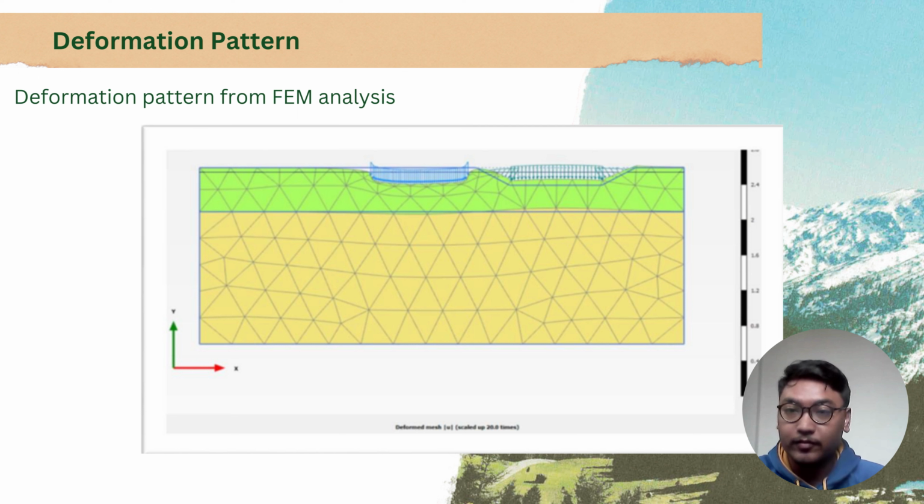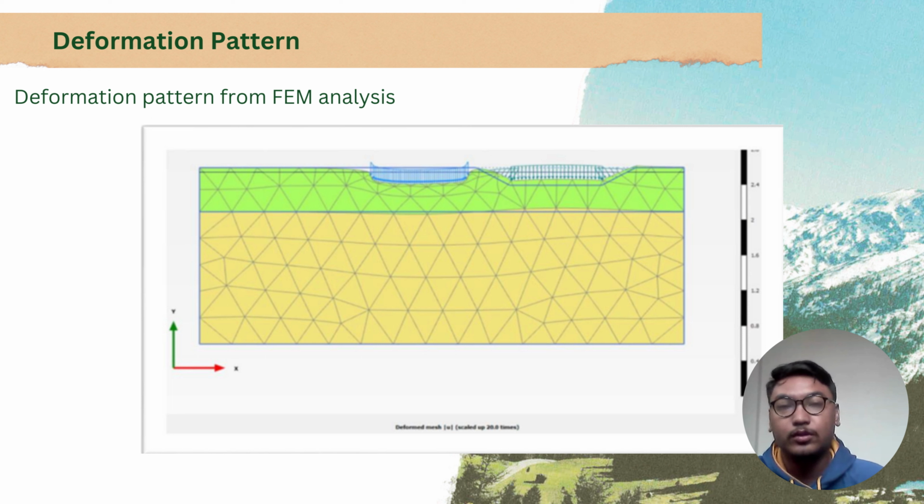Okay, next, the deformation pattern from FEM analysis. We can see in this figure the deformation pattern of the soil strata from the FEM study at consolidation phase 3. This deformation pattern is only applicable to case 20.